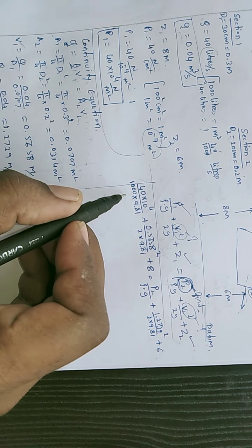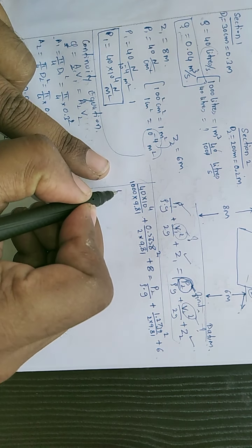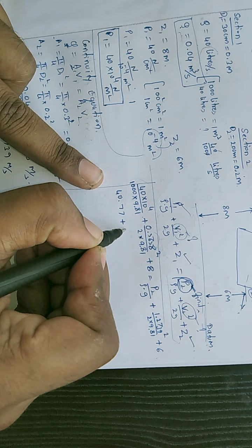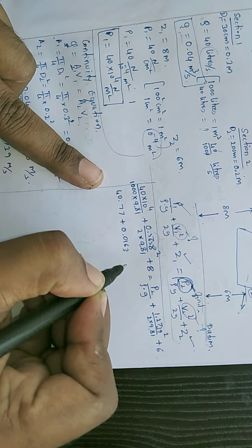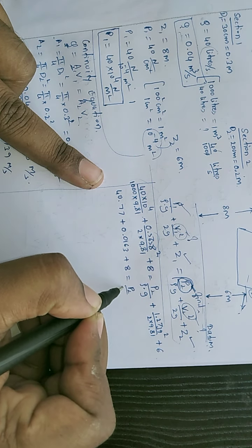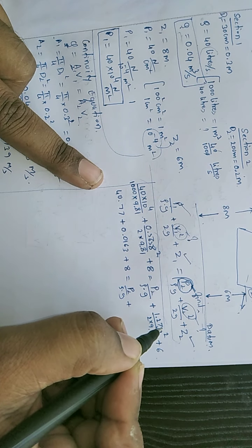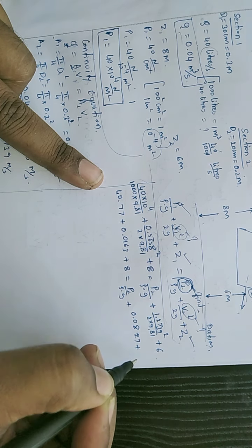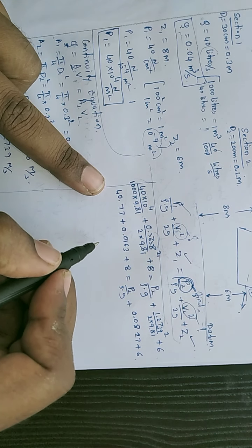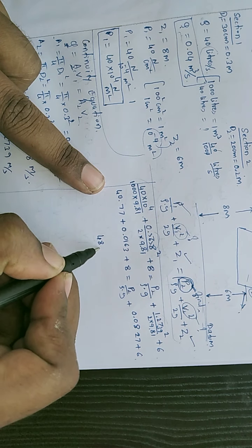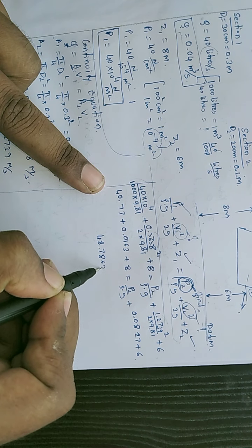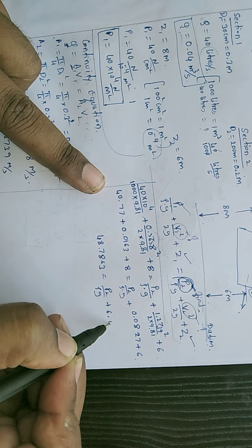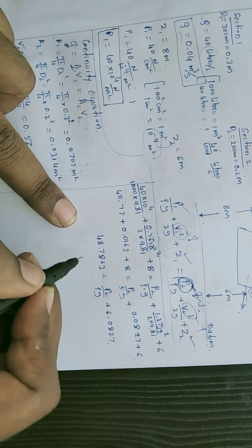If you simplify, you will get 40.17 plus 0.0163 plus 8, which adds up to 48.7863, equal to P2 by rho g plus 0.0827 plus 6, which is 6.0827.